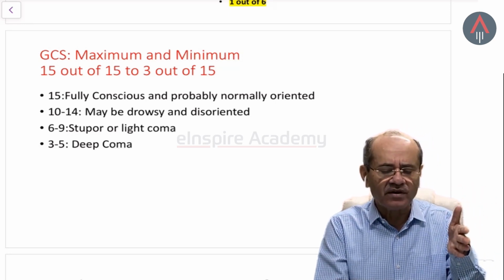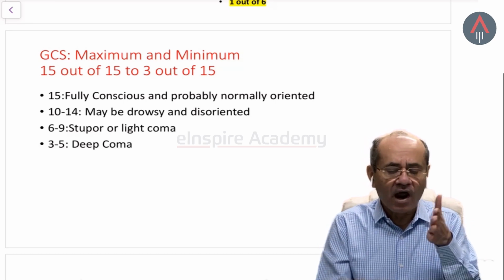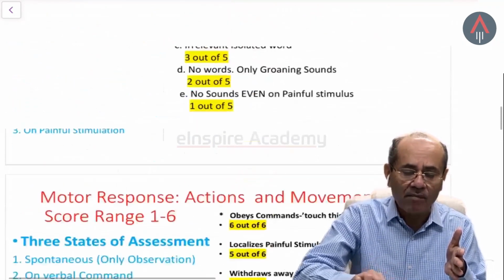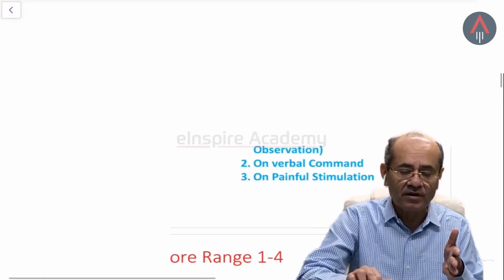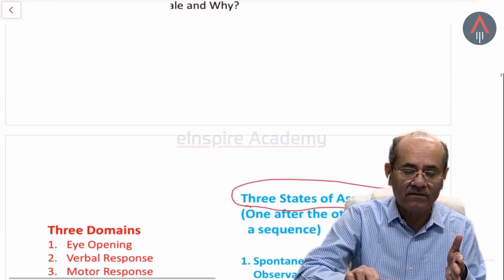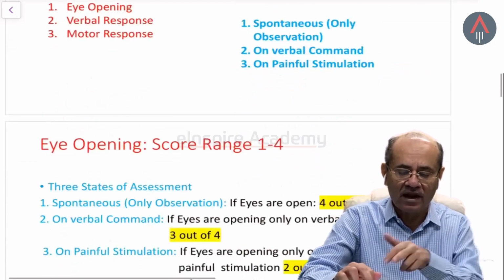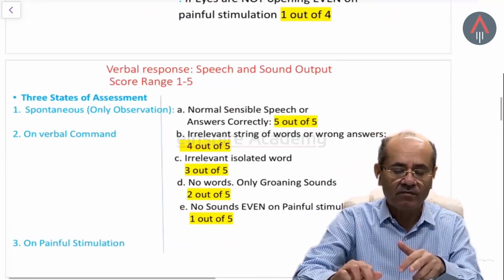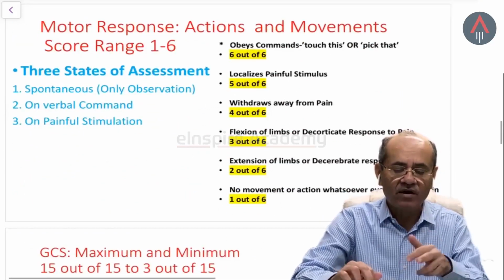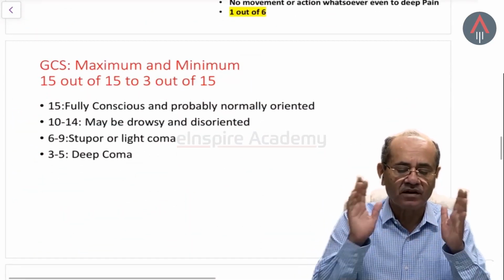If the score is between 10 to 14, and how do you get this score? By adding up all the 3. As I told you in the very beginning, for eye opening there are 4 numbers, for verbal response there are 5, and for motor response there are 6. That makes a total of 15.